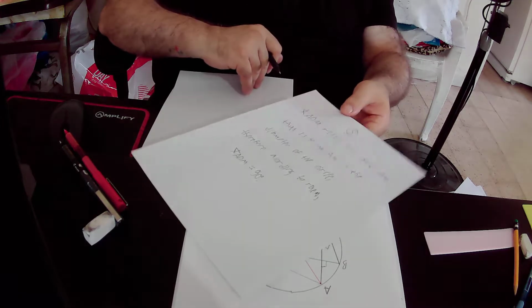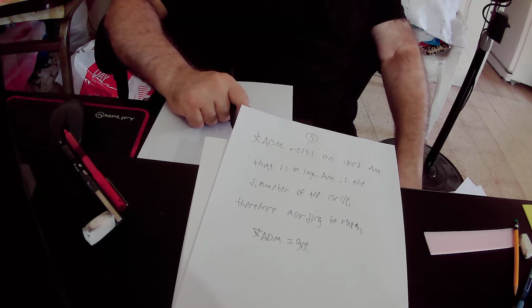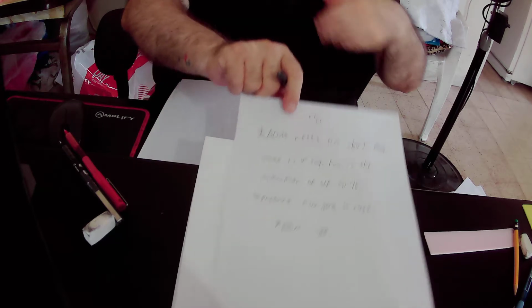So I read again what I wrote. Angle ADM rests on chord AM, that is the diameter of the circle. Therefore, according to rule number 1, angle ADM equals 90 degrees. Okay?